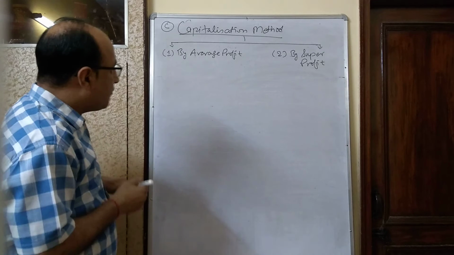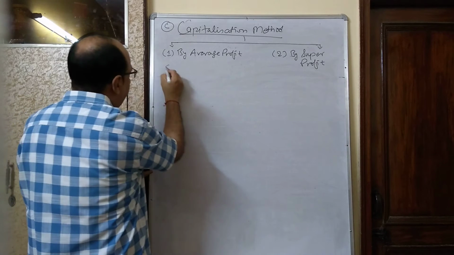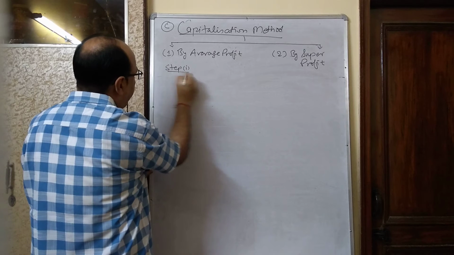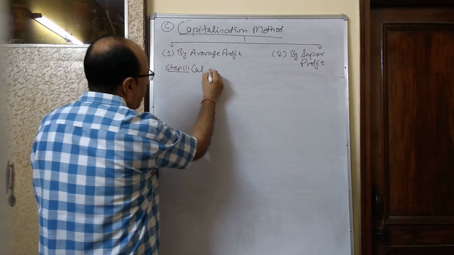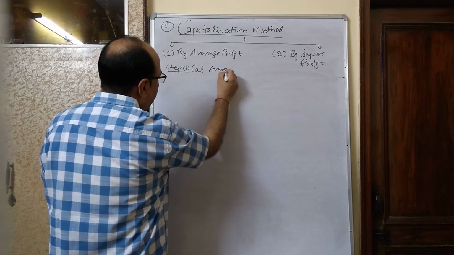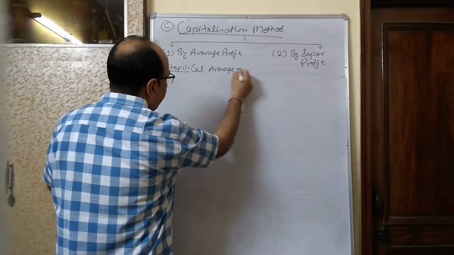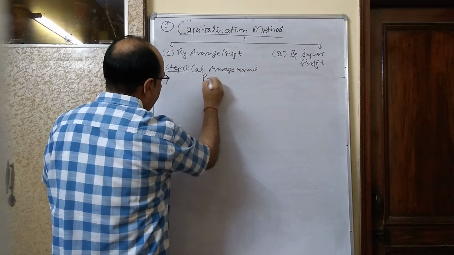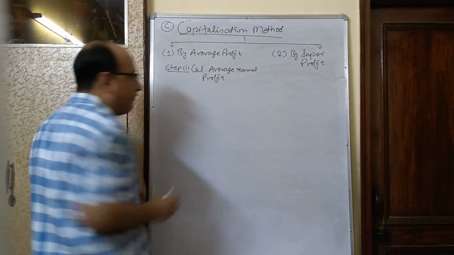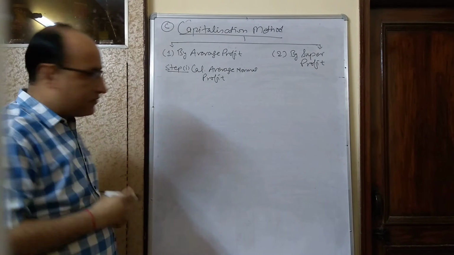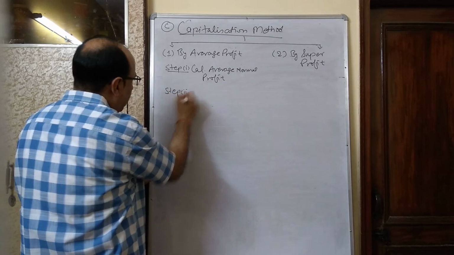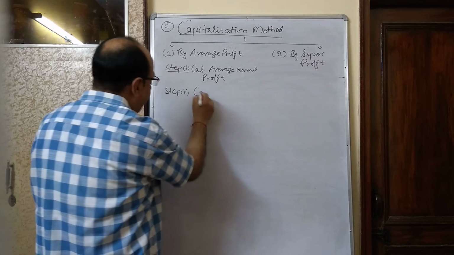So what are the steps? The first step will be to calculate the average normal profit under this method. Step 2, we have to calculate the capitalized value.